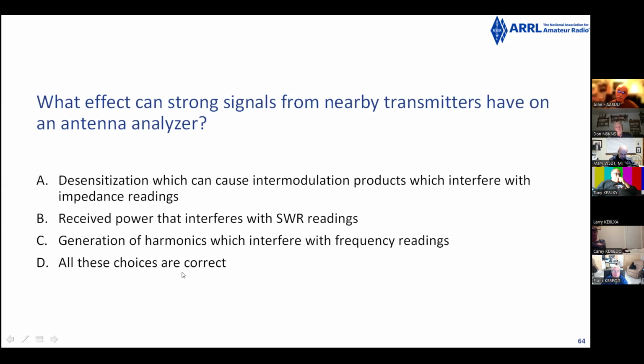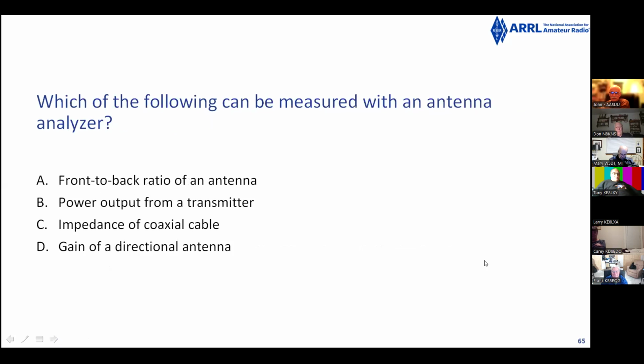Well, B. Yeah, I'm thinking it's delta, so I'm guessing. No, receive power interferes with SWR. All right. There you go. Baker, which is true. I guess all the rest were just gobbledygook.